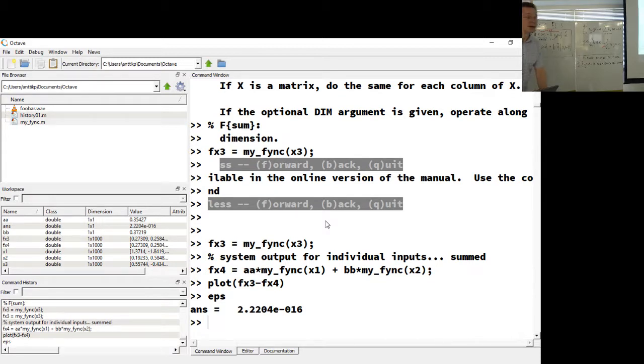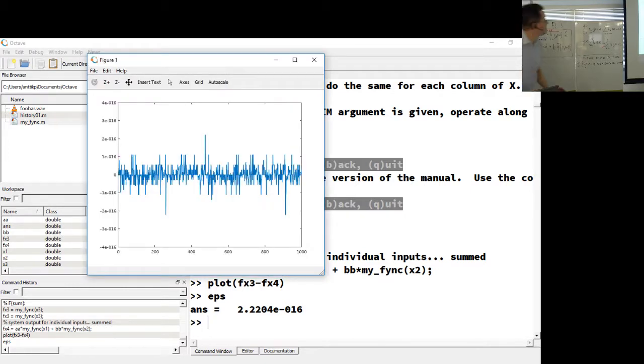Eps. That's the machine epsilon. So this is roughly the computing accuracy for any computation, 2.2 e to minus 16. Looking at the figure, they are all within the error margin. So quickly, I would say this is a linear system.